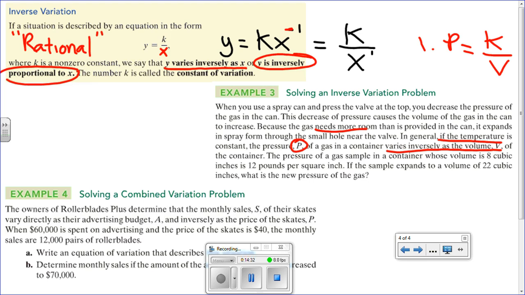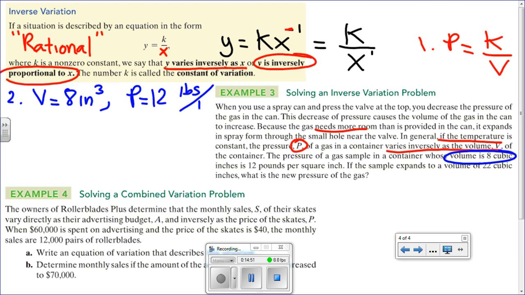So then what is the pressure of the gas sample in a container whose volume is 8 cubic inches? So now the volume is 8 cubic inches and the pressure is 12 pounds per square inch.